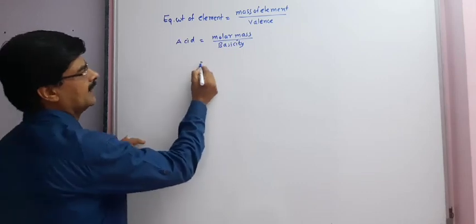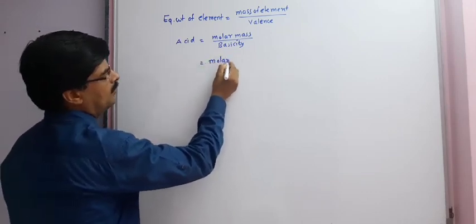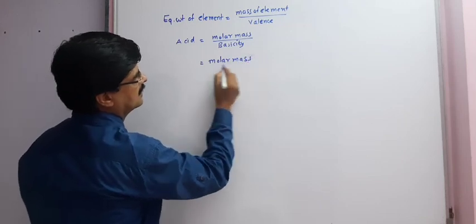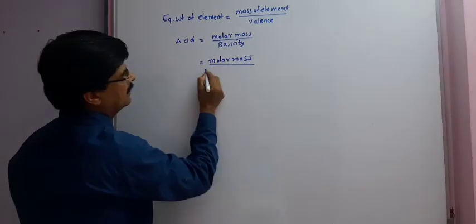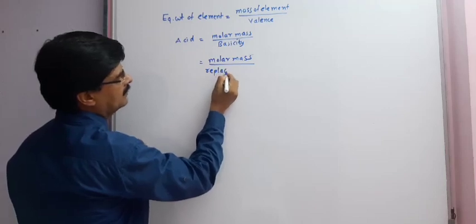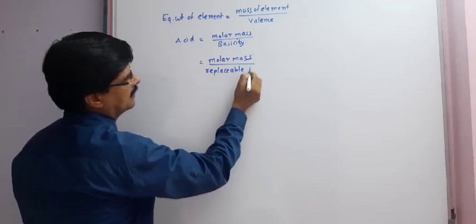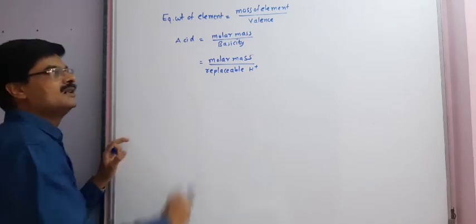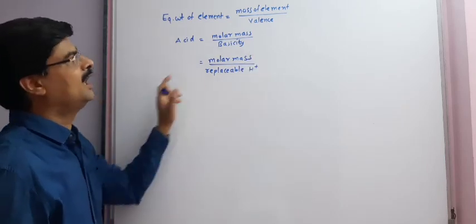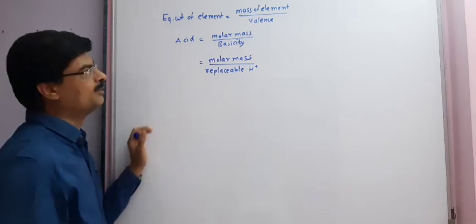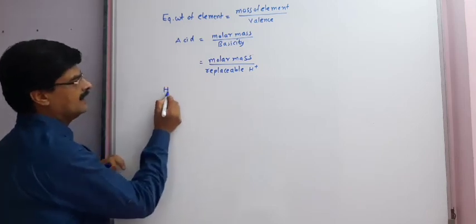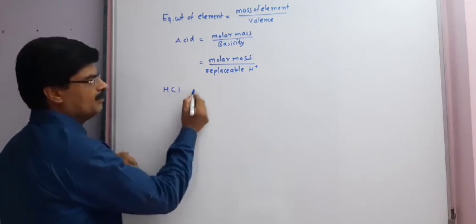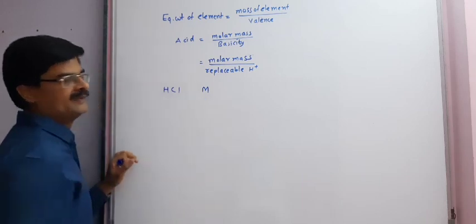It means we can write molar mass of acid divided by replaceable H plus present in acid. Let us understand a few cases of acid, how we can find equivalent weight for acid. Take the example of hydrochloric acid, HCl, whose molar mass is suppose m gram.